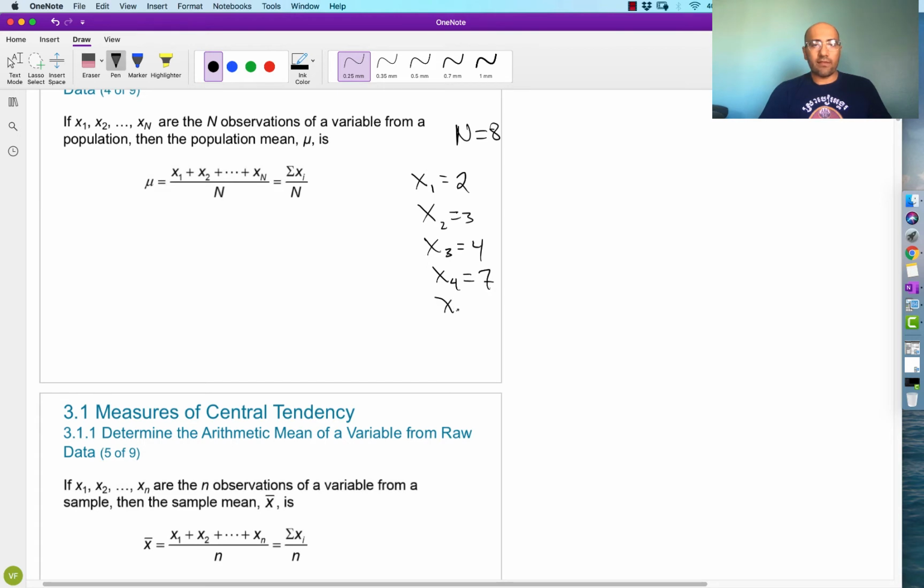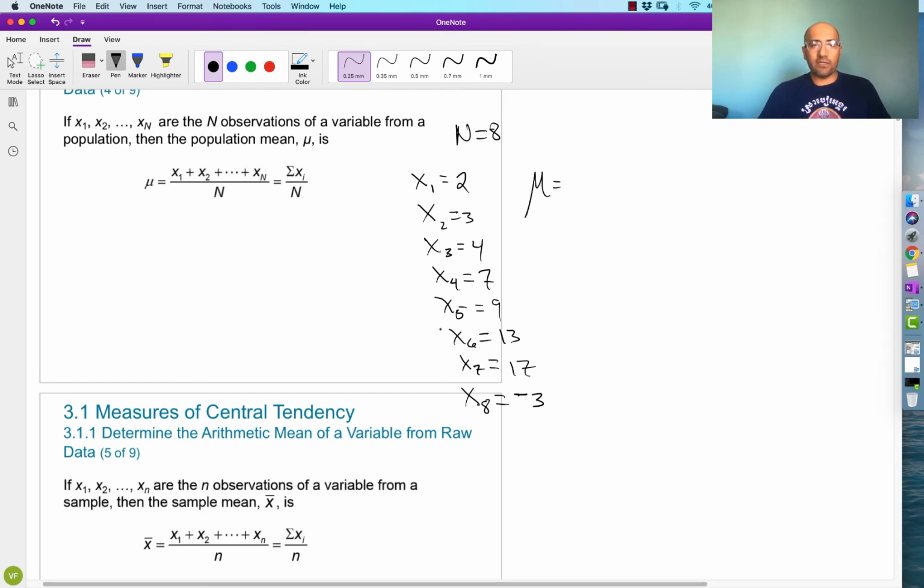The next has the number 9. The next value has the number 13, then 17, and finally x sub 8 has the number, I don't know, -3.